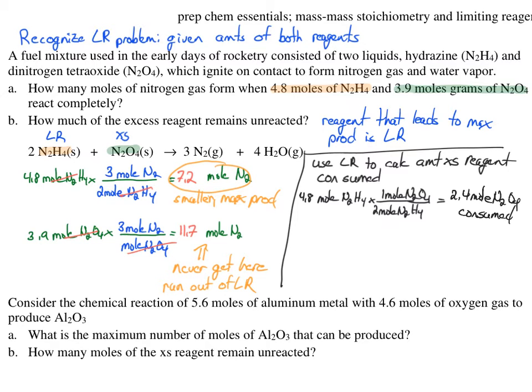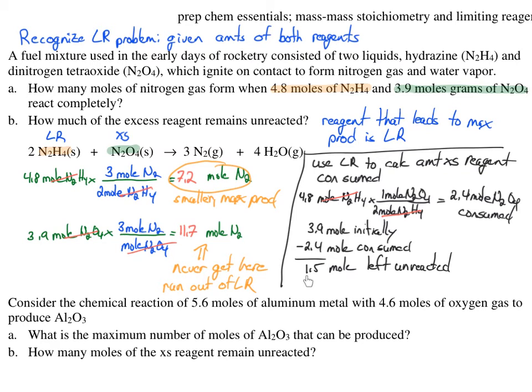We know that because we've done our math. See our moles of N2H4 cancel, and we know that 2.4 moles of N2O4 has been consumed. All right, so we started with 3.9 moles of our excess reagent. 2.4 moles has been consumed. Subtraction indicates that 1.5 moles is left unreacted.